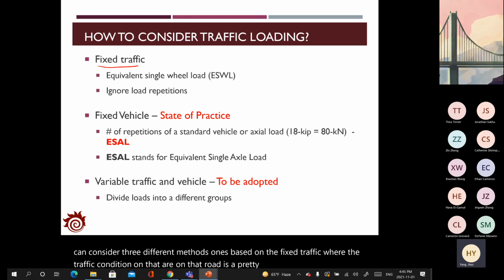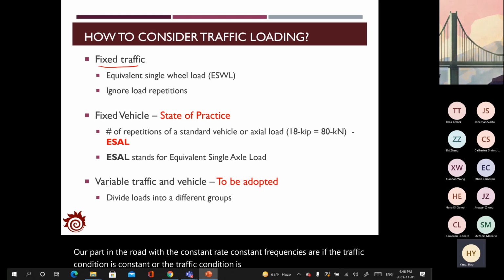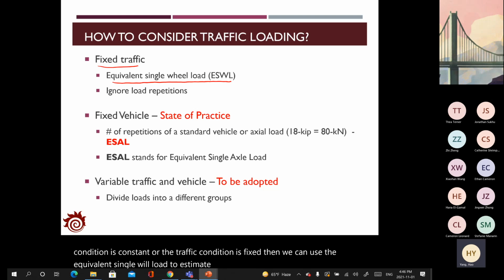Like there will be 100 vehicles moving on the road, and maybe 20 of them will be the trucks, and they will pass the road at a constant rate, constant frequencies. If the traffic condition is constant or fixed, then we can use the equivalent single wheel load to evaluate the traffic loading. With this kind of condition, as we consider traffic is constant, we can ignore the repetition or the volumes of the traffic. So this is the first type.